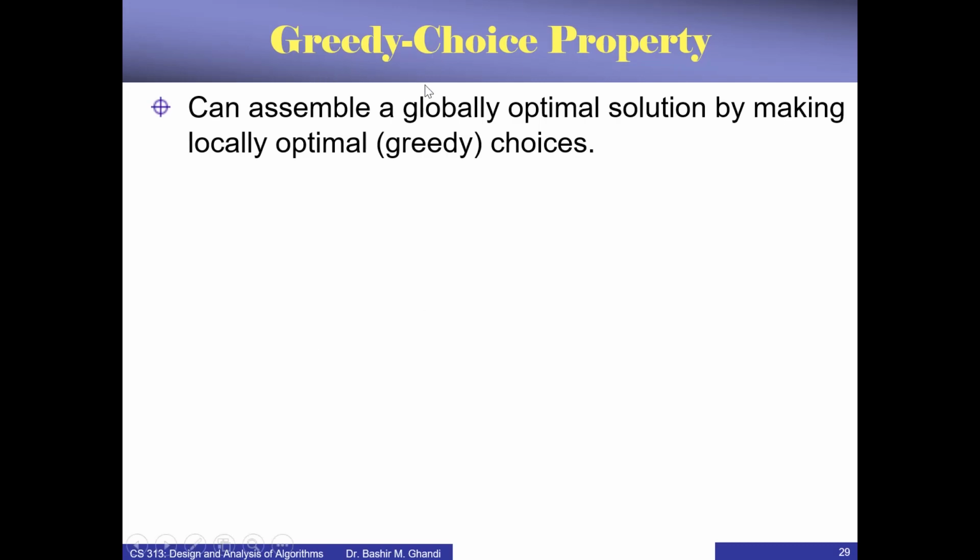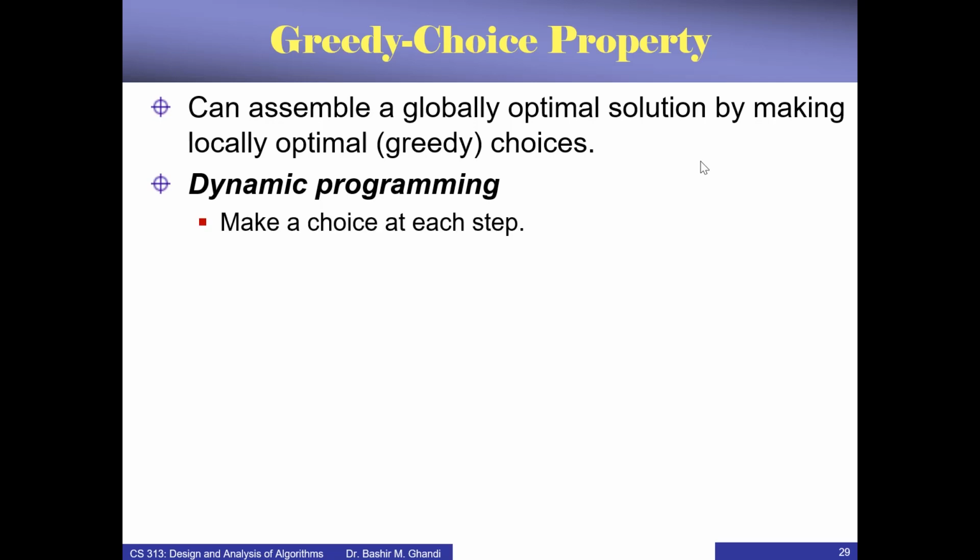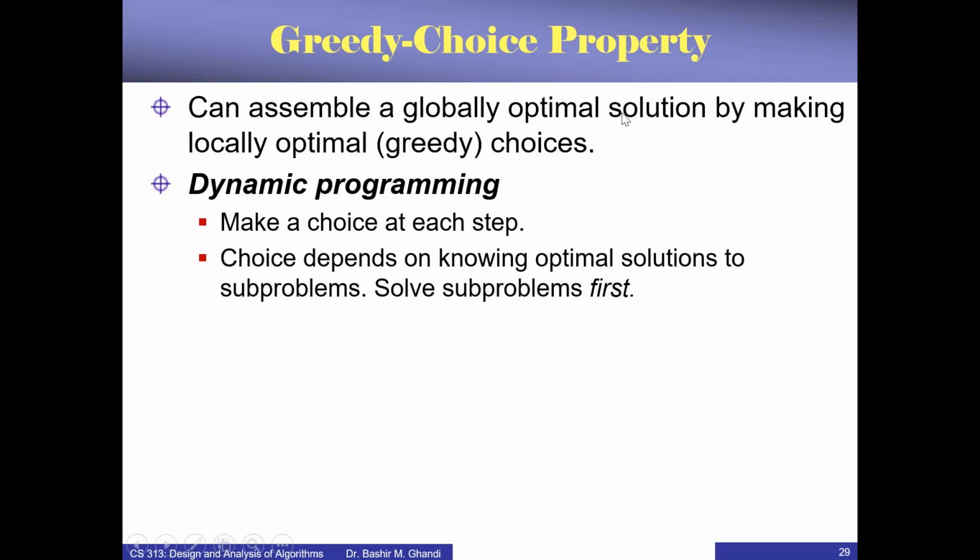Okay, so just to emphasize again the greedy choice property, is that can we assemble a globally optimal solution by making locally optimal choices? Okay, if you can have that, then you have the greedy property. This is in contrast with dynamic programming, which makes a choice at each step, but that choice depends on knowing optimal solutions to the subproblems. And therefore, in dynamic programming, you have to solve the subproblem first.